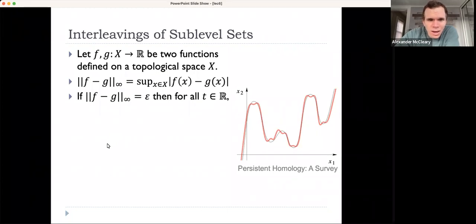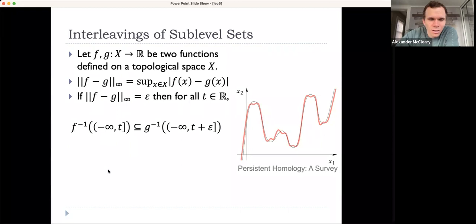So let's say that the infinity norm between f and g is equal to epsilon. Then the sublevel set of f, so everything that maps at or below t, is going to be contained inside the sublevel set of g for t plus epsilon.